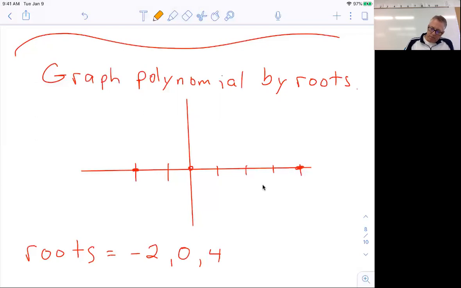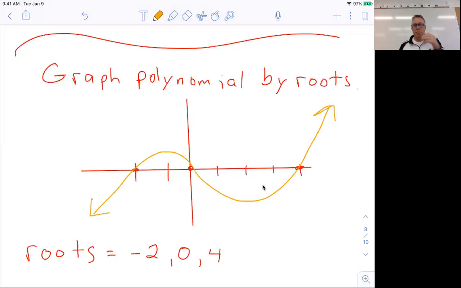Now, it might look something like this. If it does, I not only know the roots, but I know something about the end behavior. I know that it would have to be an odd degree polynomial, odd because they're going in different directions. And I would know that the leading coefficient has to be positive because it is going up as it goes to the right. Okay, so that's one possibility for that graph.